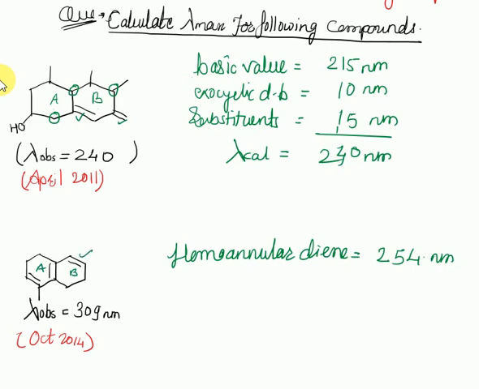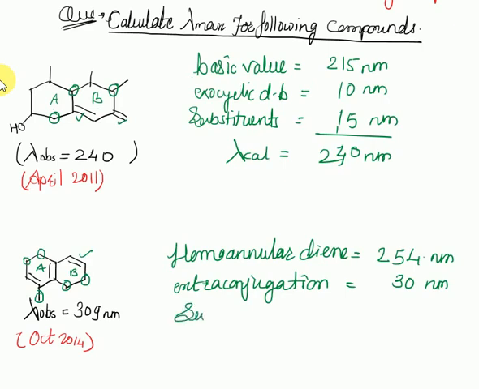Now this double bond is in extra conjugation, so the extra conjugation contributes 30 nanometer. Then substituents: it's 1, second substituent, third, fourth, and this one is the fifth substituent.